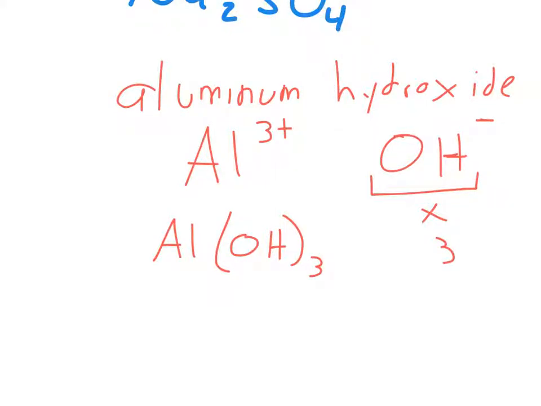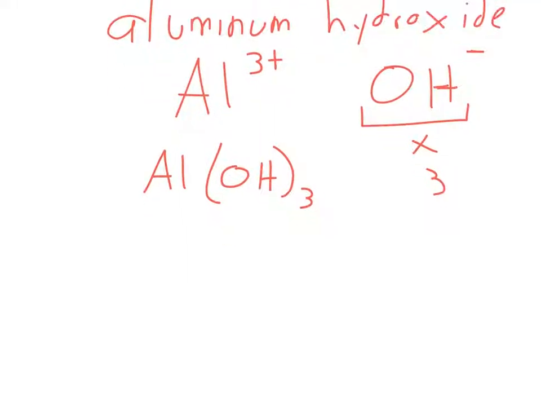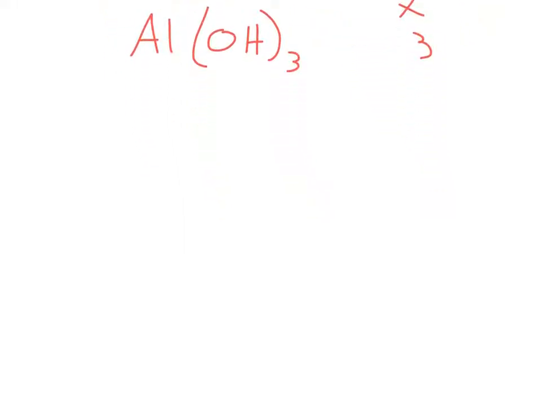So if I have 3 hydroxide ions, I will have the negative 3 charge, and I need to have the 0 net charge. Okay, so the formula would go like that. Okay, aluminum hydroxide with 3 hydroxides in order to have a net charge of 0. Okay, and the name will be like that.